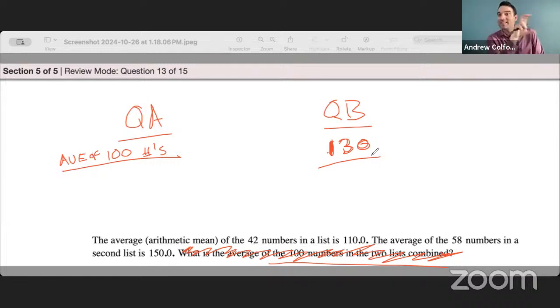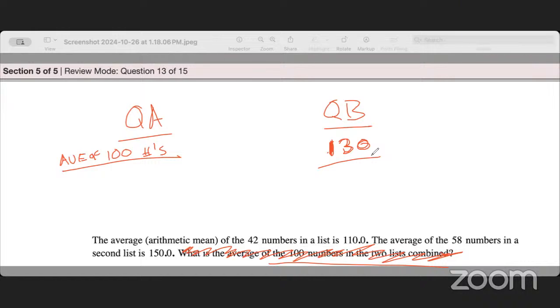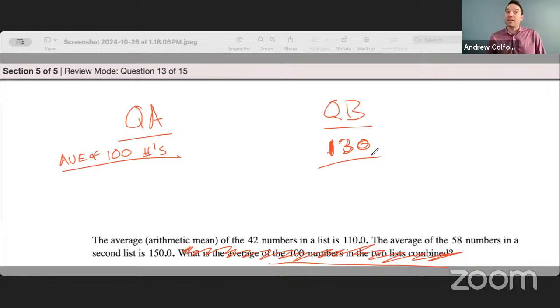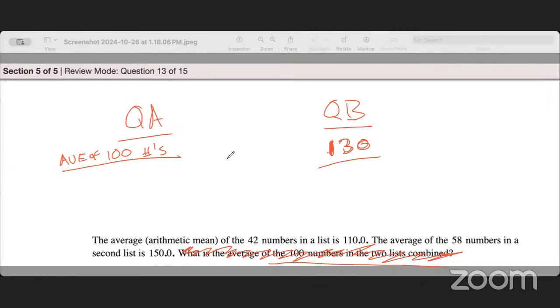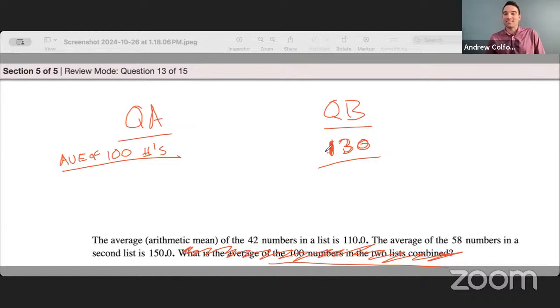This format of question comes up a lot. Weighted averages, right? They give you this list and the other list, and ask what's the average of all 100 numbers. We could calculate it the way we did, and that's an important skill to have, but it saves so much time if we can just pause and ask, where does 130 come from?